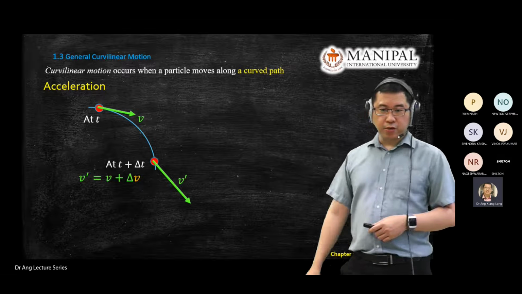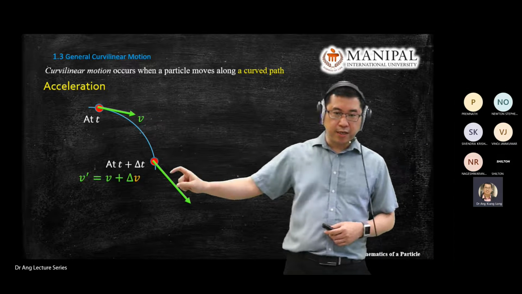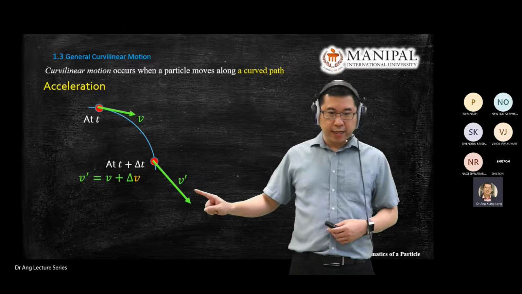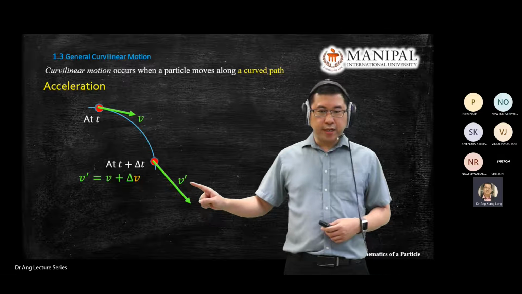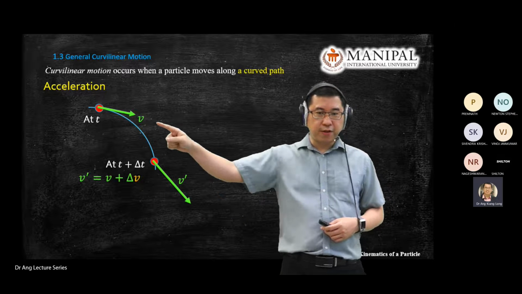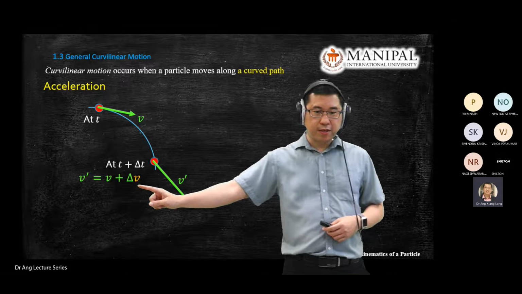This is just a normal logical conclusion: to get the new velocity, there must be a change of velocity. So you take velocity plus the delta v.